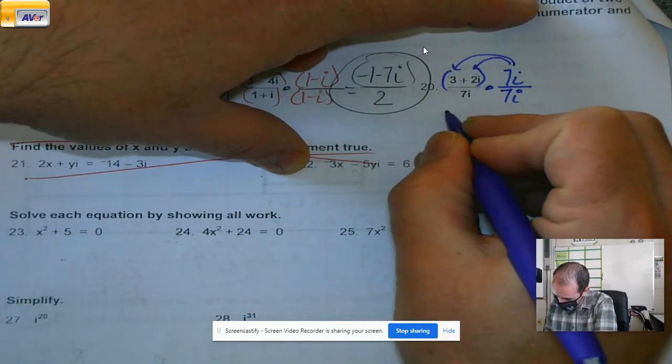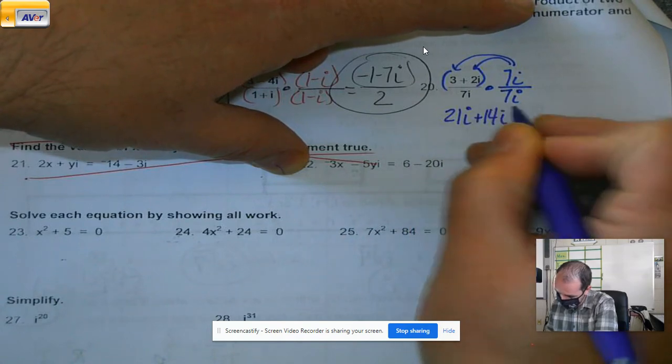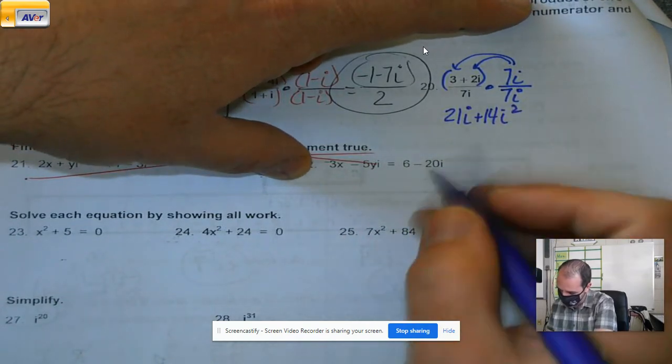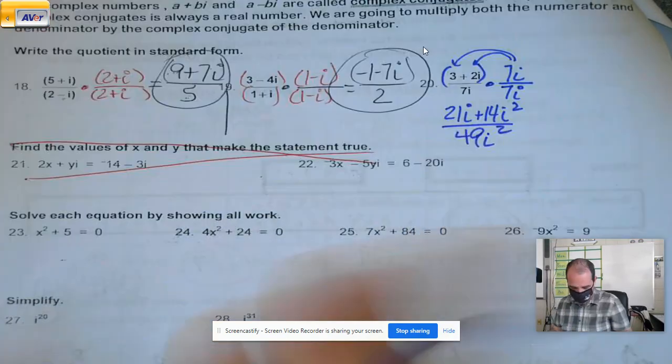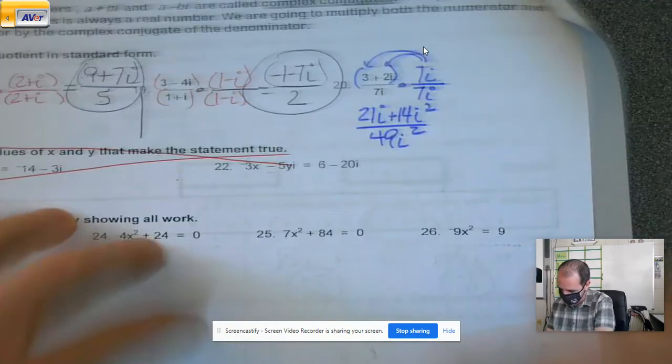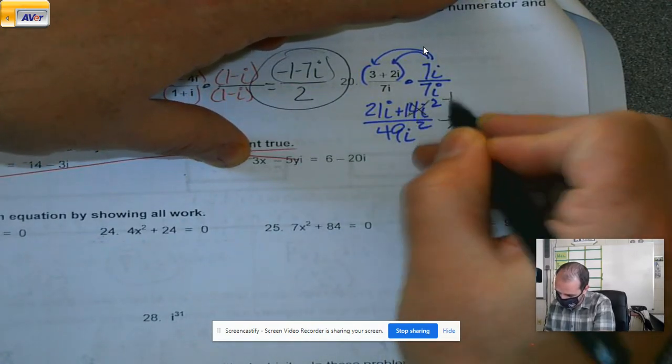So let's see here. 21i plus 14i squared, we'll deal with that in a minute, over 49i squared. Okay, simplify time. 14 times -1 is -14.